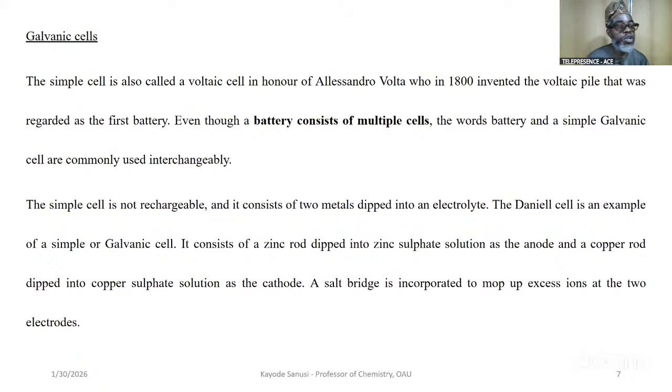Alessandro Volta invented the voltaic pile that was regarded as the first battery. Even though a battery consists of multiple cells, the words battery and simple galvanic cell are commonly used interchangeably. The simple cell is not rechargeable.